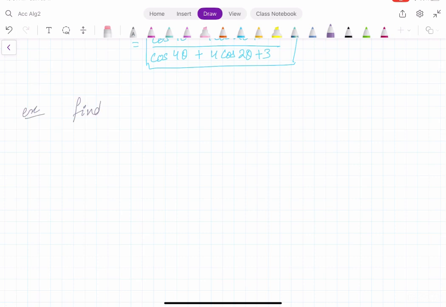Let's take one more example. Find the exact value of cos 105 degrees. Now here's the thing. You can write 105 degrees as a plus b and use cos a plus b, or the other way is to use the half angle theorem.